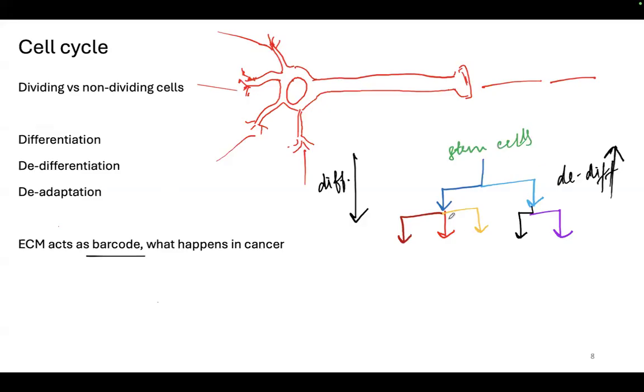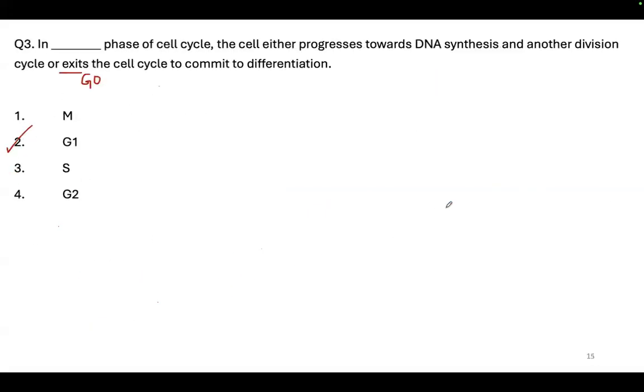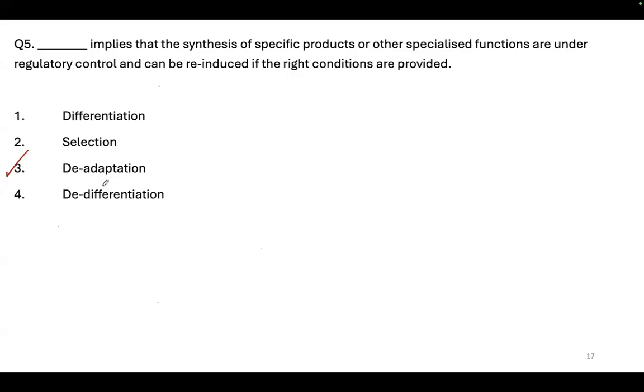It's only recently that we have discovered they can, that you can make anything out of anything. But typically you would assume that they're lost irreversibly and can't be reversed. And if it's just about the right conditions, because there's some regulatory control, like some heat or not specific factors but just some signals, some sort of regulation, then that's about adaptation.